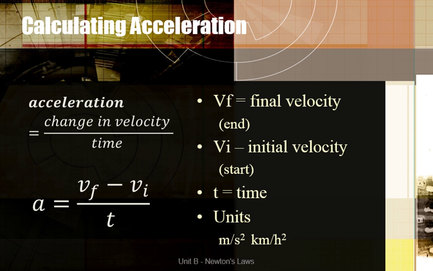The change of velocity is the final velocity minus the initial velocity. And that is all divided by the amount of time that it takes to make that change in speed. When you do this, you end up with the units meters per second per second, or meters per second squared. This will become more clear as we go through an example.